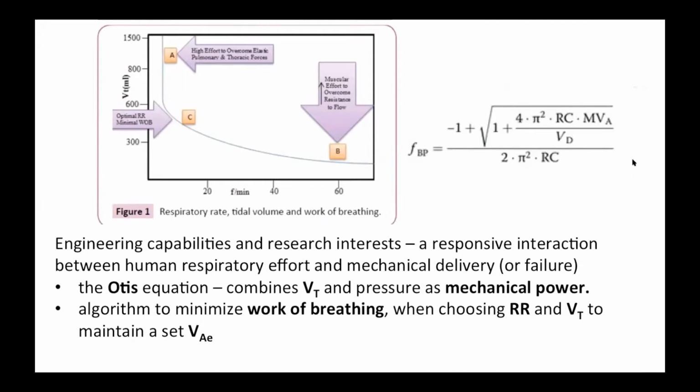And we have been able to derive this because of the work by Otis, which is now more than 70 years old, long before mechanical ventilation was in use, or ARDS, which enables us to combine the tidal volume and the pressure as a mechanical power, and from it to derive an algorithm which minimizes the work of breathing when we choose, for example, the respiratory rate and the tidal volume to maintain a set alveolar ventilation.